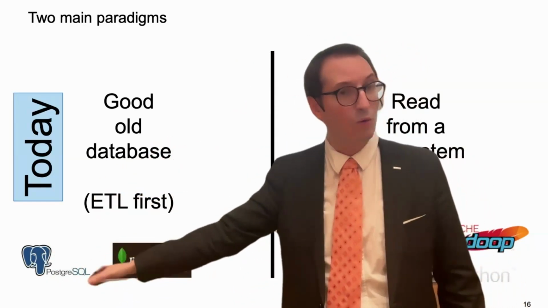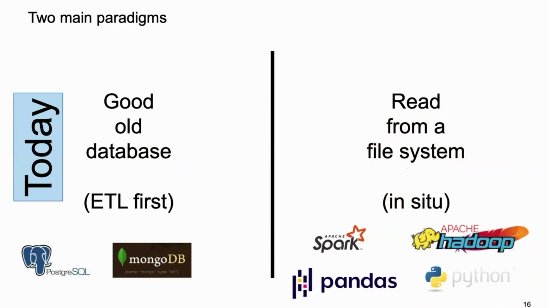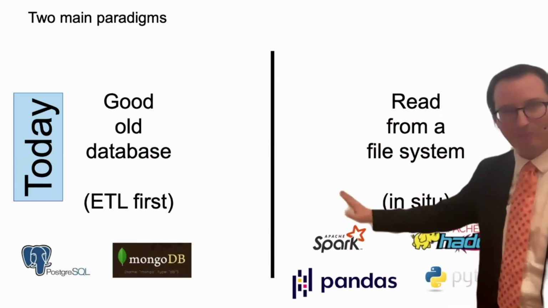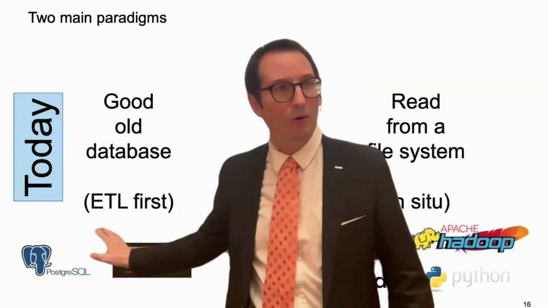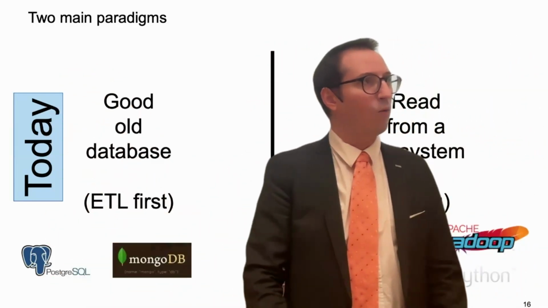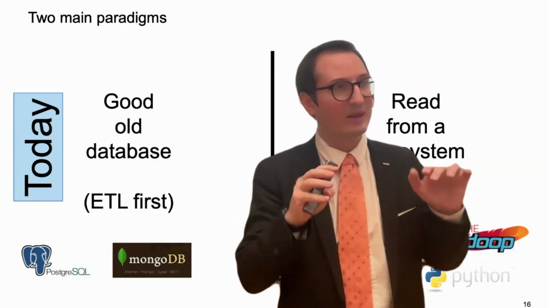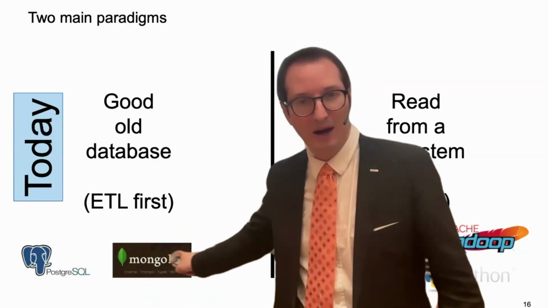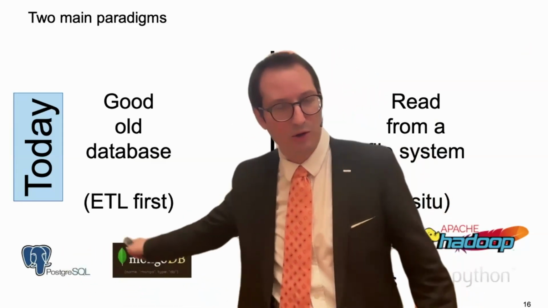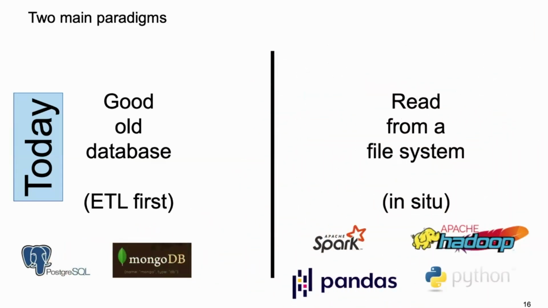In other words, we are not looking at data lakes anymore, unlike in the previous few weeks. So it's not Spark, it's not MapReduce, it's not Hadoop, it's not Pandas. This is a good old database management system where you cannot just drop files, you have to insert, ETL the data into the system. Okay? So you really have to compare it with PostgreSQL in spirit. It's just like PostgreSQL, except that it stores documents instead of tables.